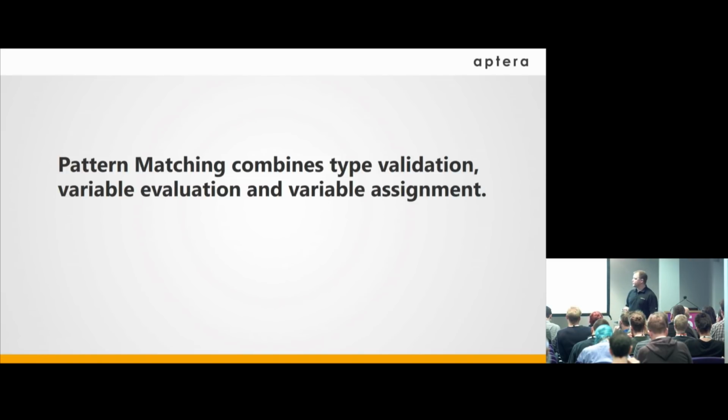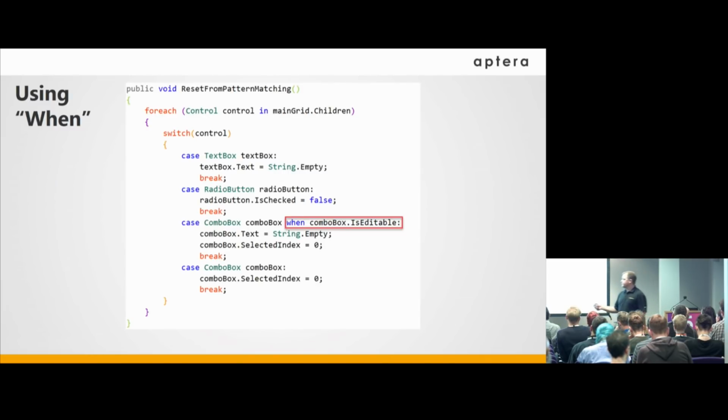So this is what makes pattern matching absolutely magical, is that it combines type validation, variable evaluation, and variable assignment into a single statement. Going back to this, I am validating the type of control when I see if it matches the combo box.